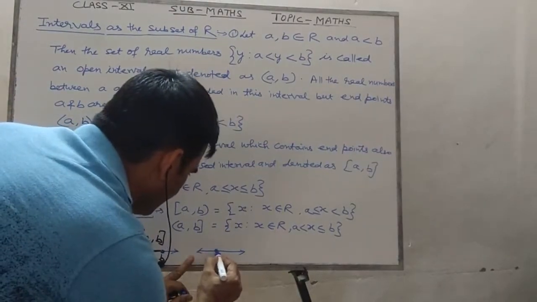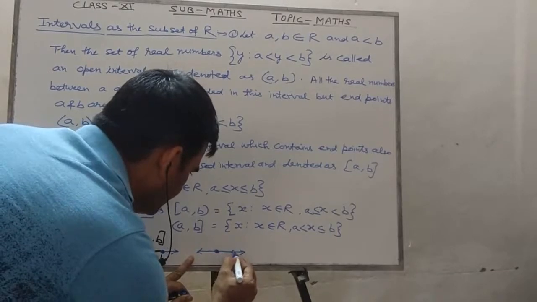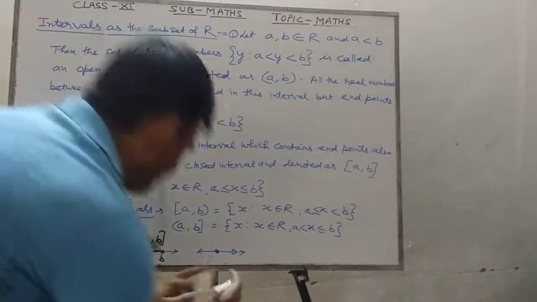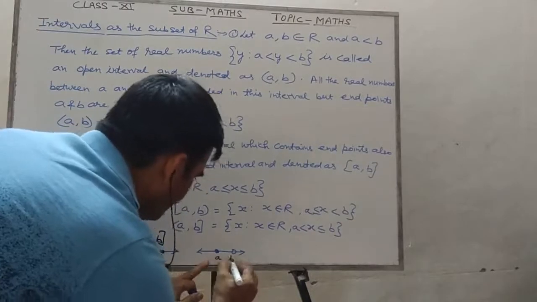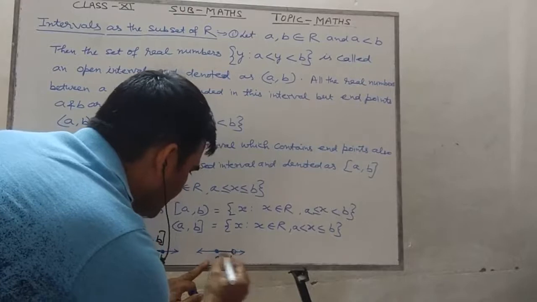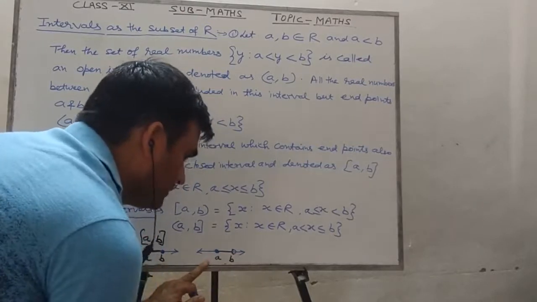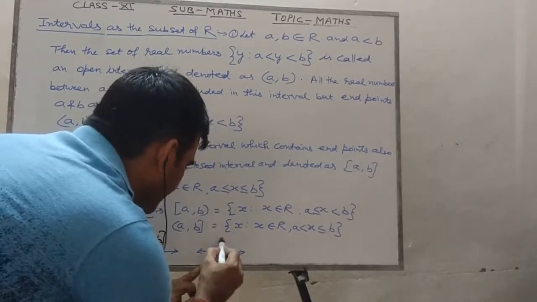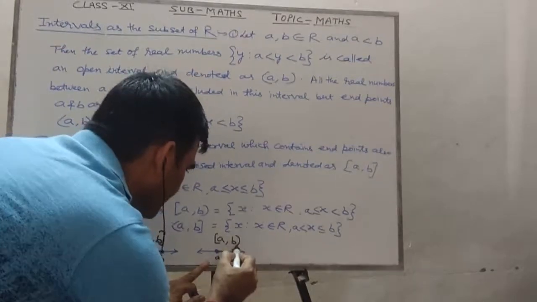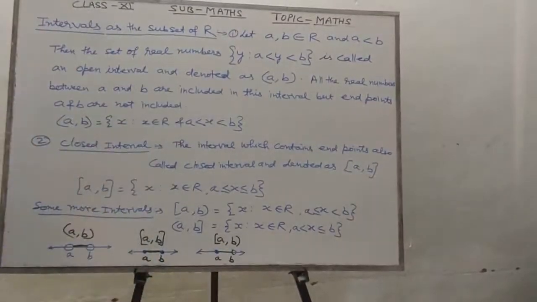This is the included endpoint, and this is the empty endpoint. Let it be a and it is b. We are taking the real numbers starting from a but less than b, then it will be [a, b). a will be included but b will not be included.